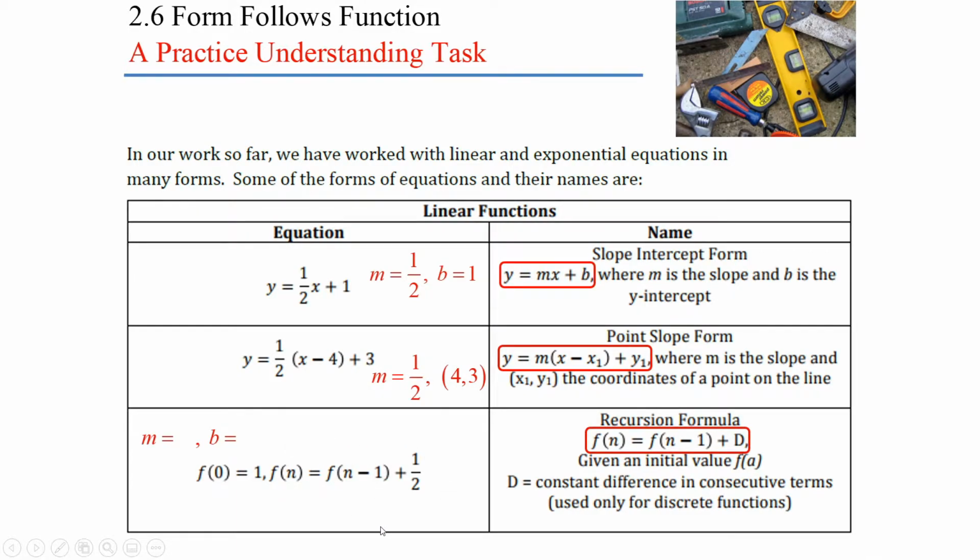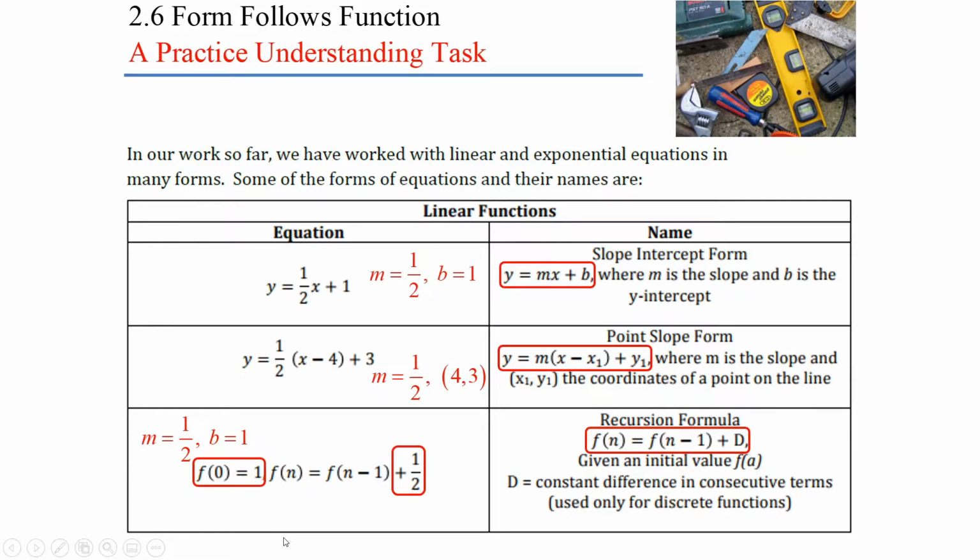But I can still see the slope because d is the constant difference in consecutive terms. Do you see this plus 1/2 right here? That's my pattern of change, meaning from a point I'm going to rise 1 and run 2, so I have a slope of 1/2 still. And f of 0 equals 1, so my y-intercept is 1. This is my initial point that I start with.